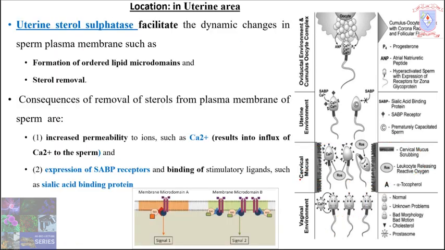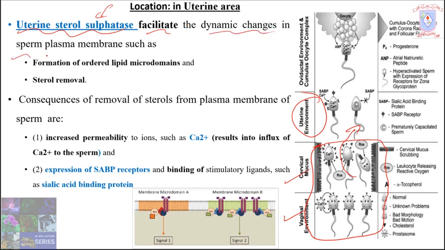Then the next location is the uterine environment. A lot of sperm are filtered in the vaginal environment and the cervical mucus. The remaining sperm enter the uterine environment, where the uterine sterol sulfatase, an enzyme, facilitates dynamic changes in the sperm plasma membrane, leading to the formation of ordered lipid microdomains and sterol removal.